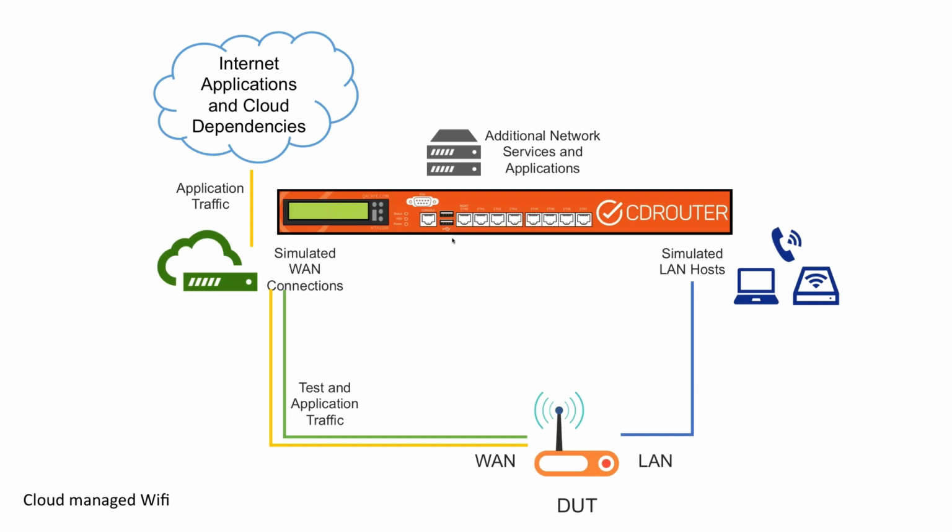And so CD Router has an add-on called ICS, which stands for Internet Connection Sharing. That allows you to route the cloud management traffic, the application traffic, separately from the test traffic, and that's all done within CD Router.